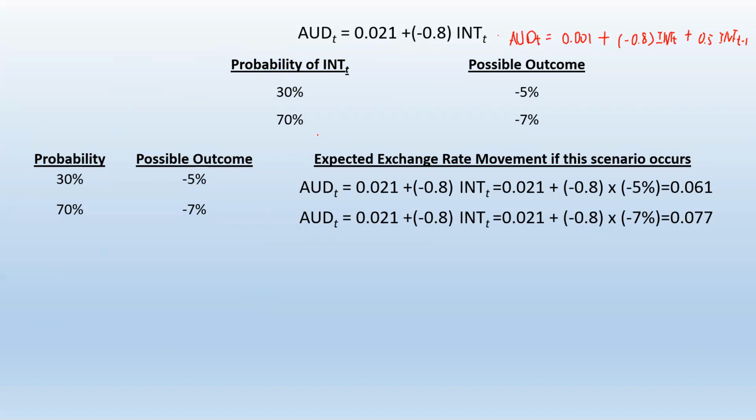So here I write it. The Australian dollar will equal 0.001, so we plug this number into the regression model, plus -0.8 times -5%, which is the interest rate differential, then plus 0.5 times the inflation differential.